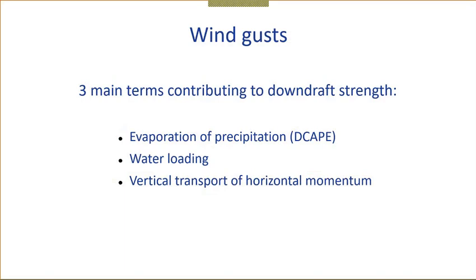So you have water loading: more or less the air is dragged downwards because of the enormous amount of precipitation that is produced and that is falling downwards. And you have the so-called vertical transport of horizontal momentum. That's nothing more than you bringing some of the upper level winds downwards.